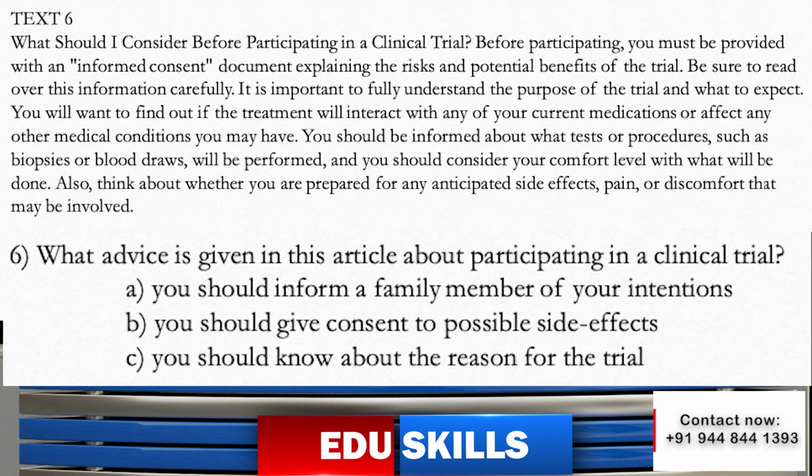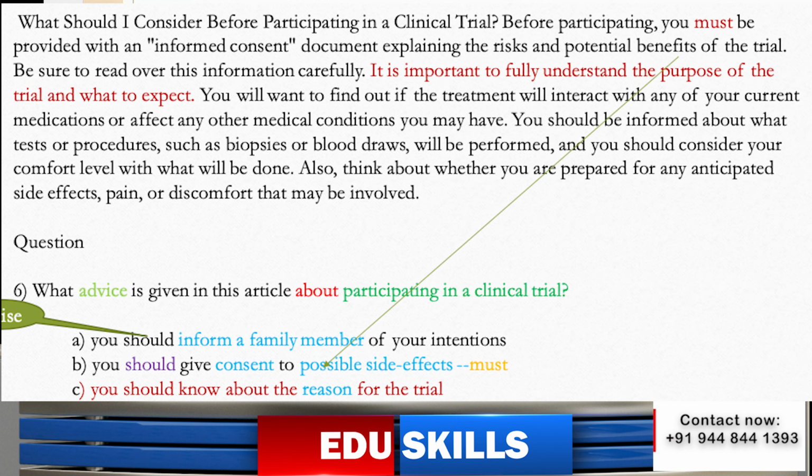Okay, we will go for the analysis of the question. So option A: you should inform your family members of your intention. There in the text it said, you must be provided with an informed consent document explaining the risk and potential benefit of the trial.